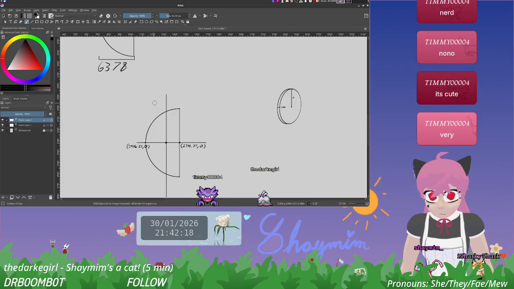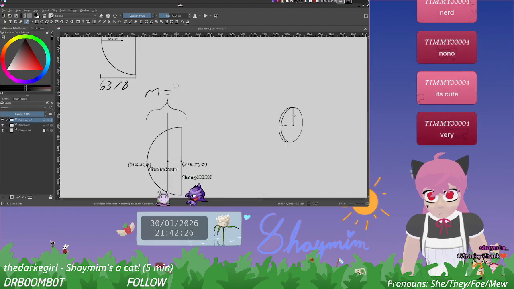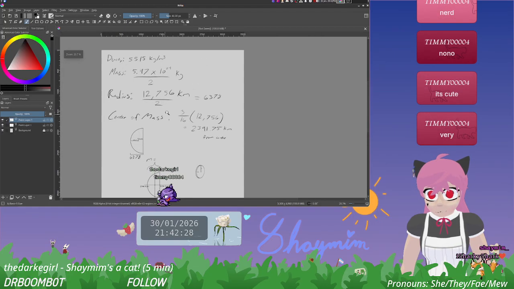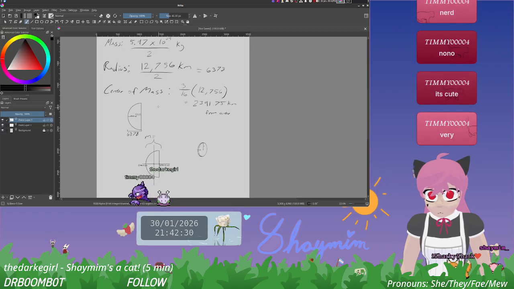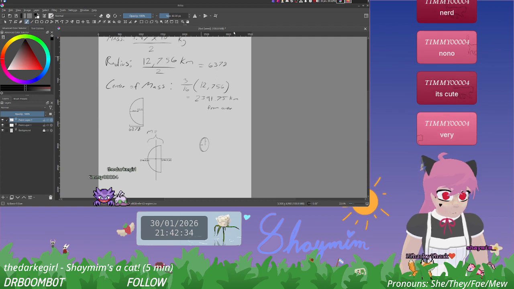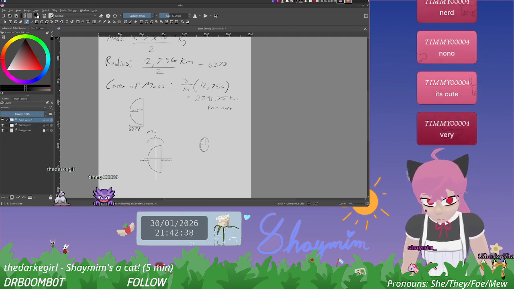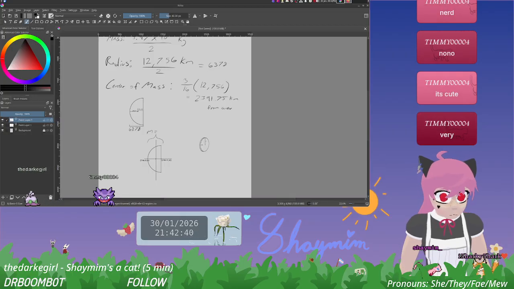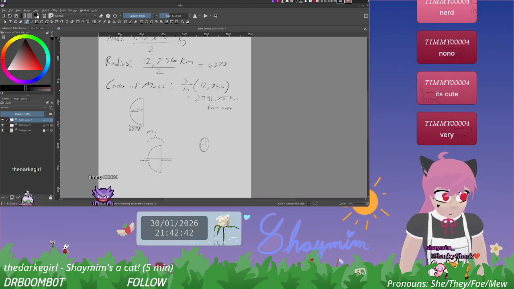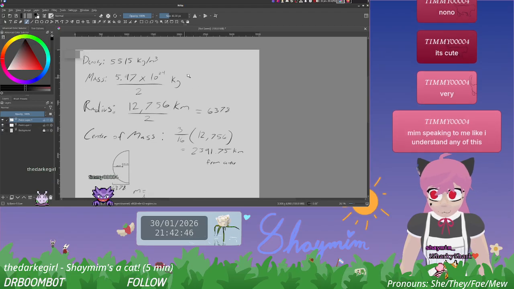We know that the mass of the whole thing is going to be... hang on. 5.97 over 2 is 2.985, which will just round to 2.99.